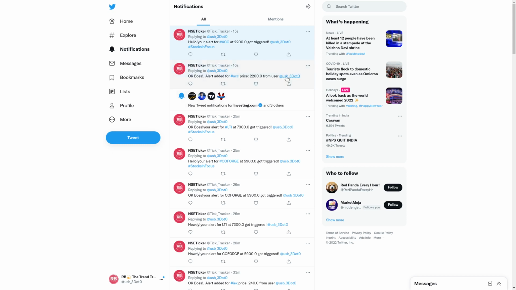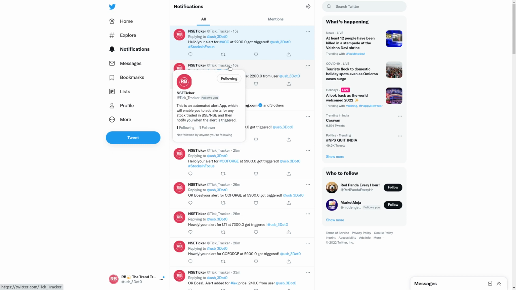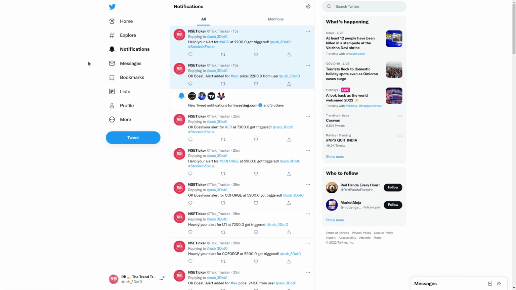So once you get this, it means that this particular trigger alert has been added for your particular script at this particular price, and then you can rest assured that at any point in the trading session when the price comes into this particular range and zone, you will get alerted. Right now this is more of a heuristic based approach which I have, but it's not like ACC has to come at 2200 exactly for this to get triggered.